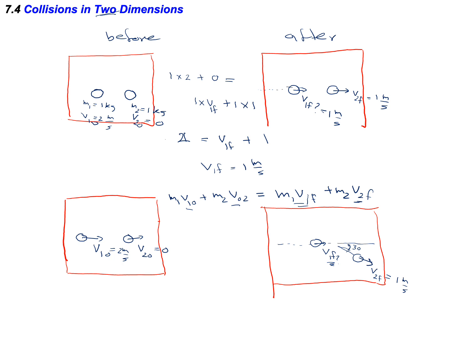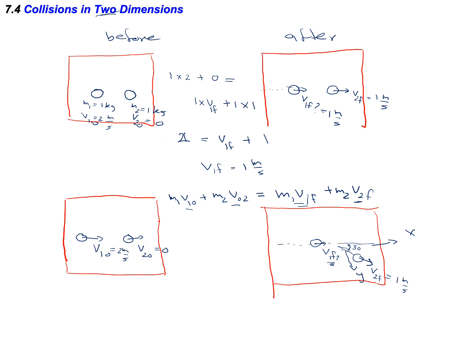Here it's a linear direction, but in the two-dimensional case, we need to make sure we take the velocity along the x direction and the y direction.